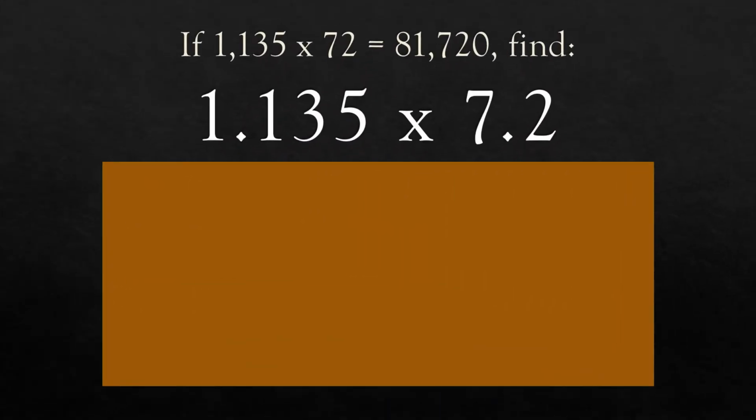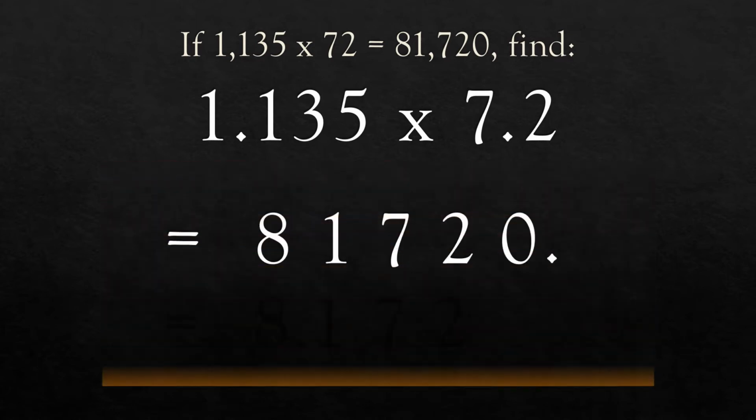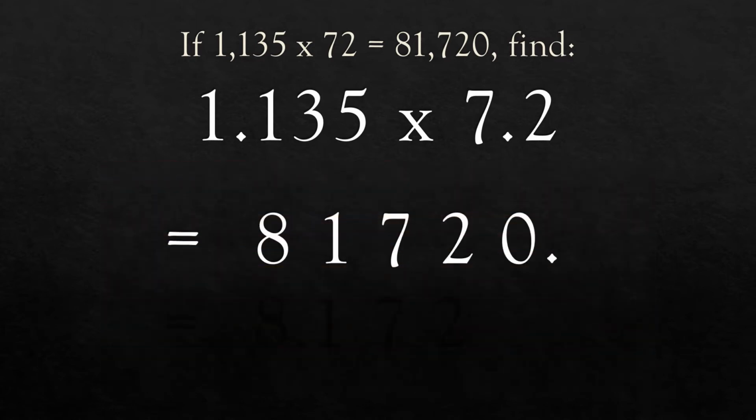Let us solve one more example. If 1135 multiplied by 72 is equal to 81,720, find the value of 1.135 multiplied by 7.2. If we ignore the decimal point, the product remains the same. That is 81,720. Now count the digits after decimal in 1.135 multiplied by 7.2.